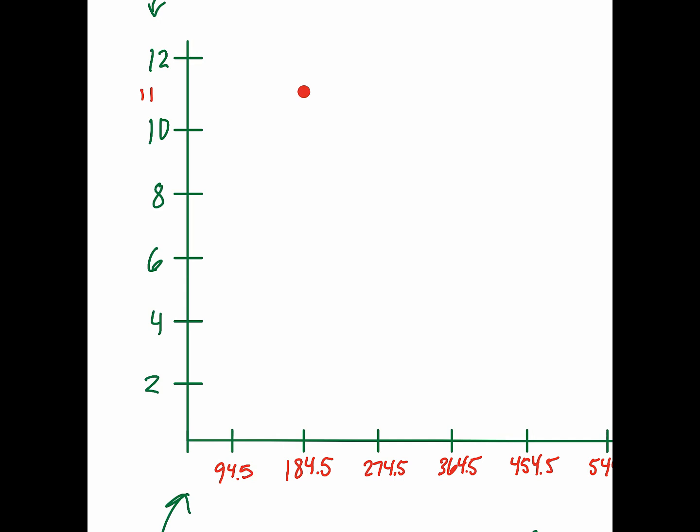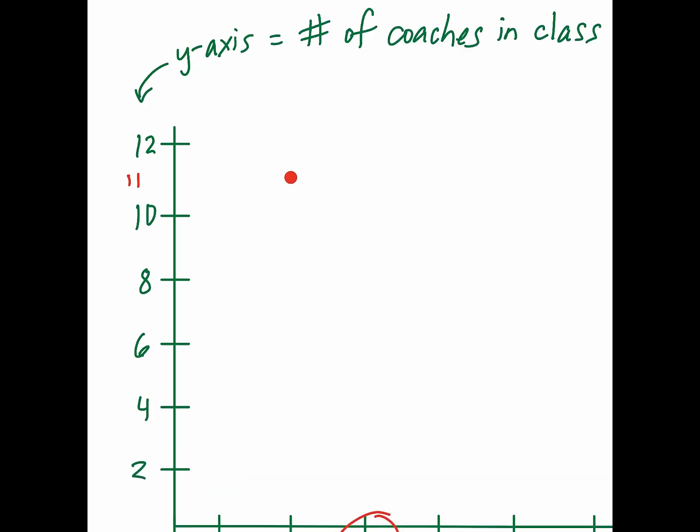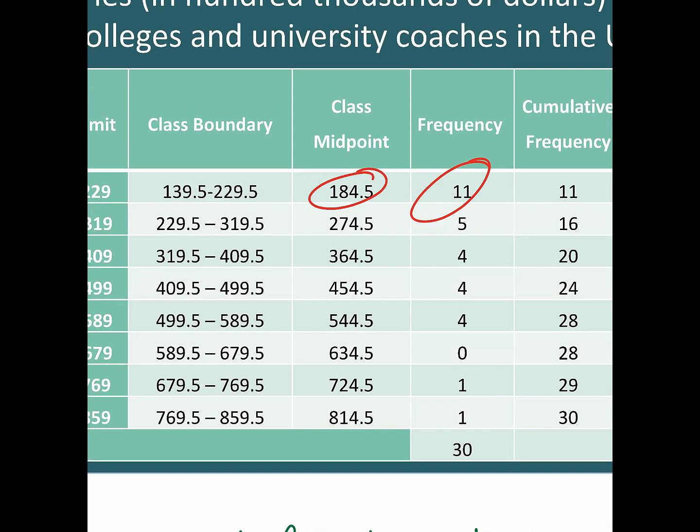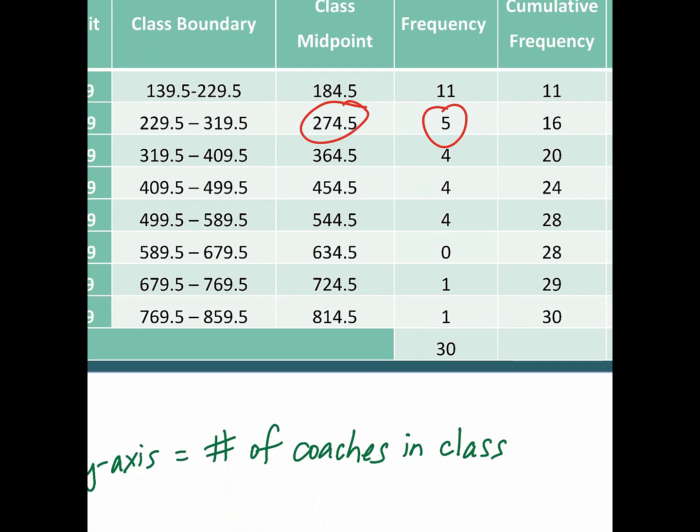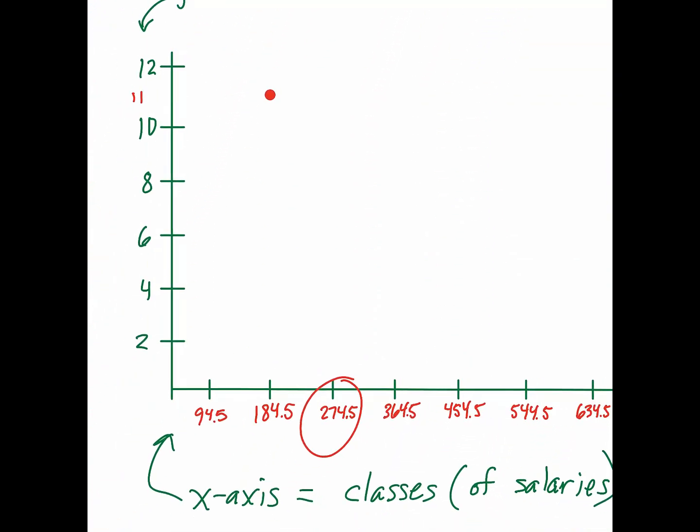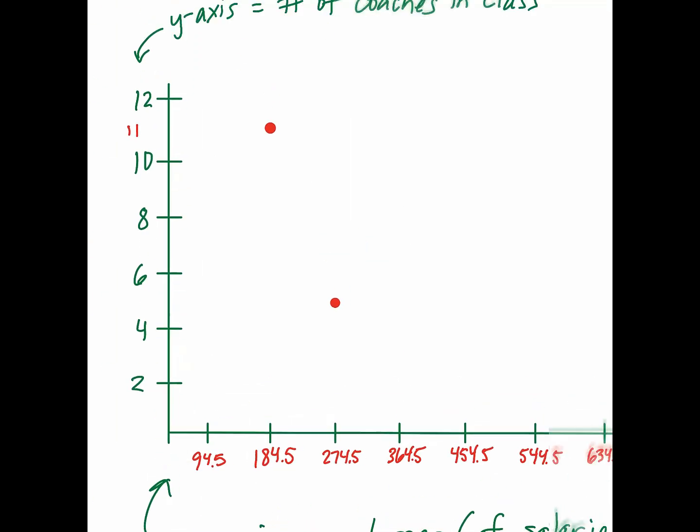At 274, that has a frequency of 5. So we'll plot a point at a height of 5, right above 274. And we'll continue this process for the next several midpoints. The next 3 have a height of 4.